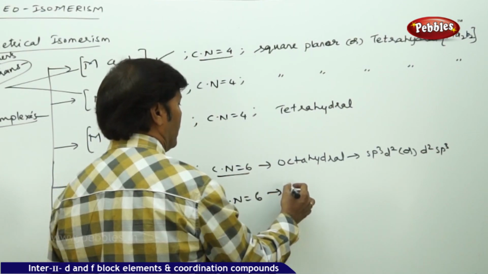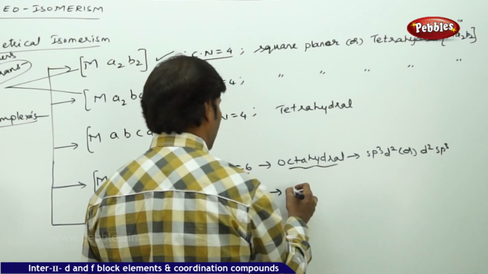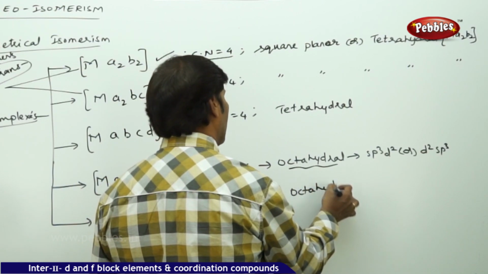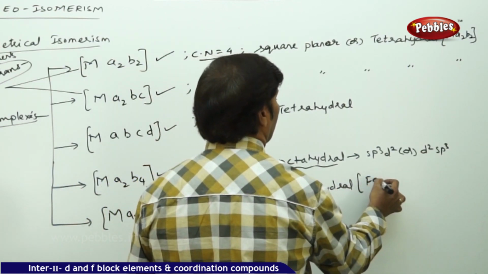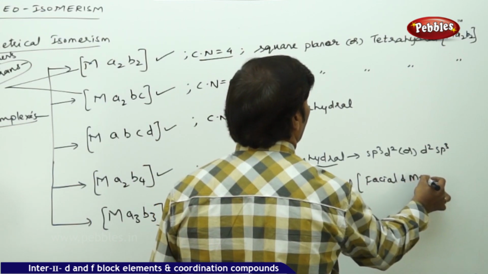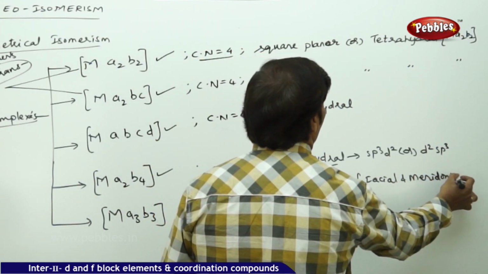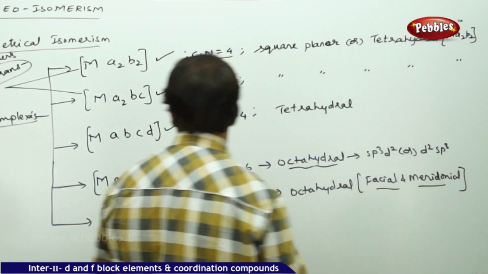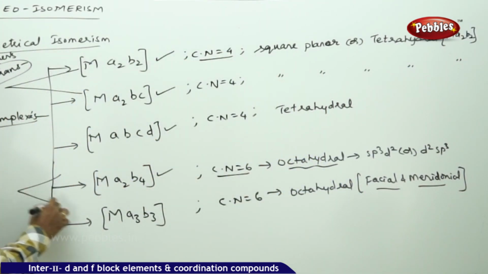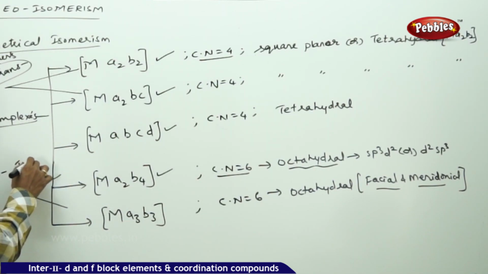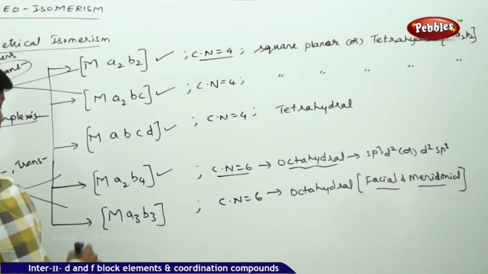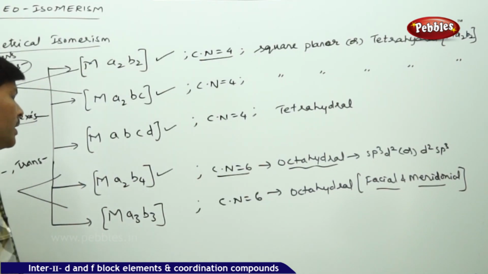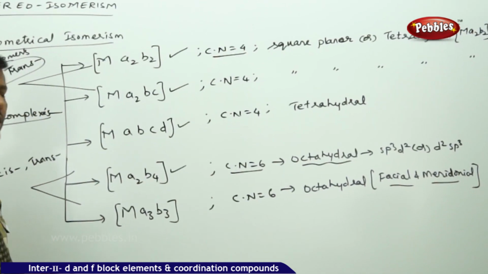Again, it is octahedral, but it has facial and meridional forms. In the case of Ma2B4 and Ma3B3, we can get cis and trans isomers, and in Ma3B3 we can get facial and meridional. So these are some of the generalizations which we can make.